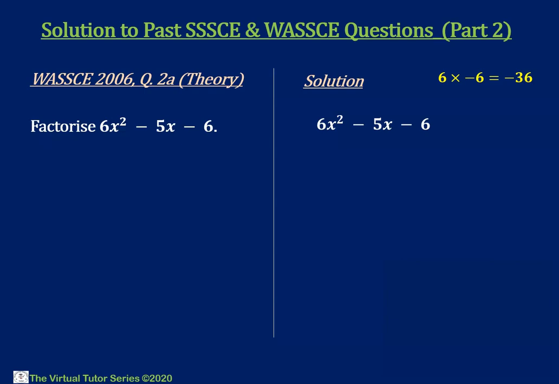The second step is to find two factors of negative 36, which sum up to the coefficient of x, or negative 5. Two factors of negative 36, which sum up to negative 5, are negative 9 and 4.